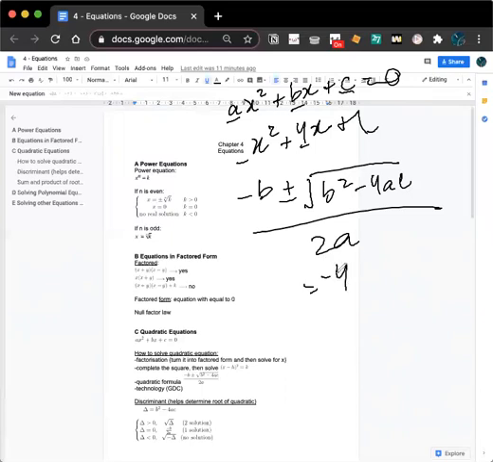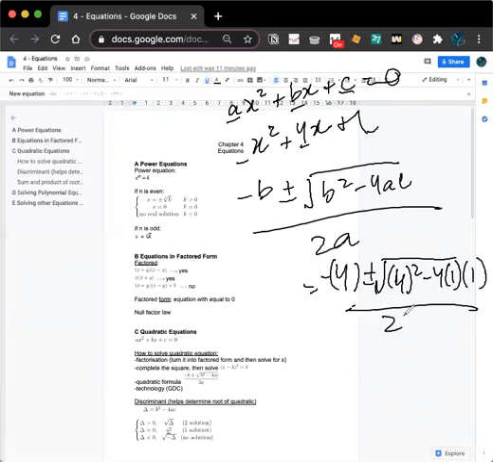In this case, it is minus 4 plus minus the square root of 4 squared minus 4 times 1 times 1, over 2, so minus 4 plus minus the square root of 16 minus 4, 12, over 2.